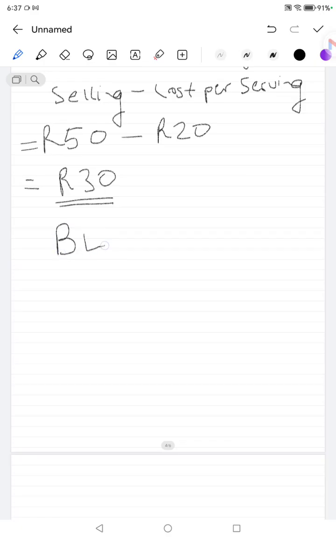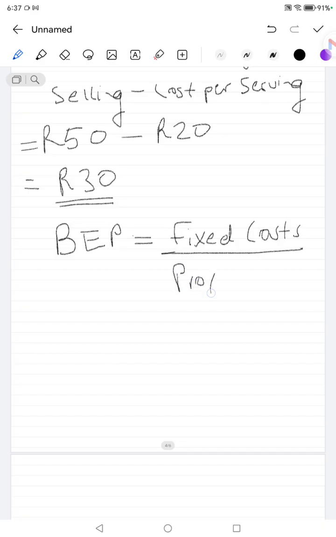You have your break-even point. The formula says you have your fixed cost over your profit, or this one you can just say it's your profit per serving, like we've been discussing.